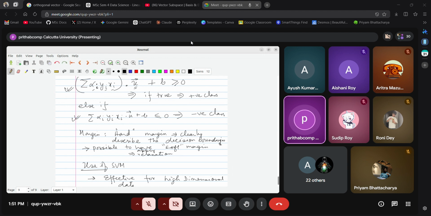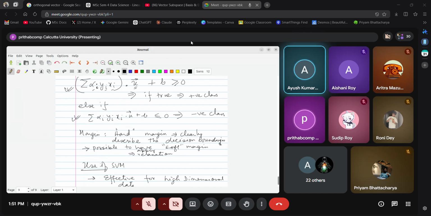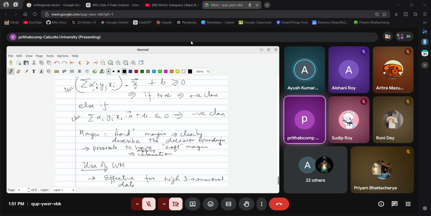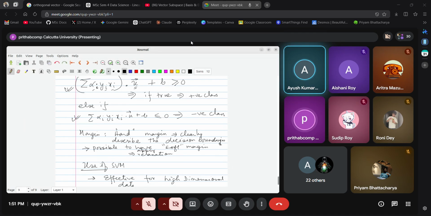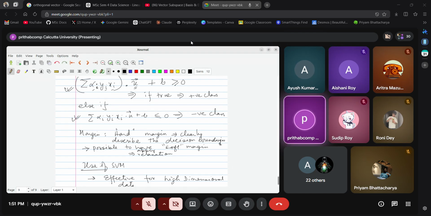That means the class boundaries are not very wide, the gap is very small, and in that case this might happen.